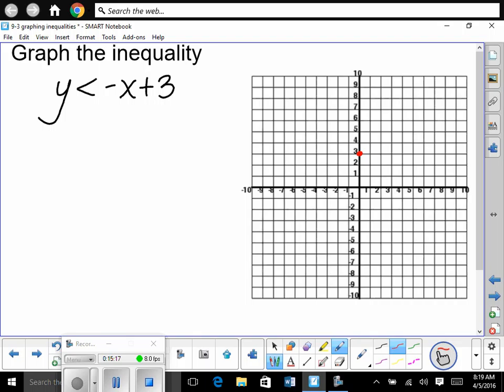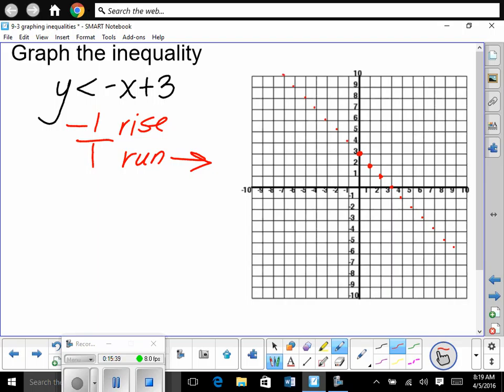Now, some people just simply are not very good at graphing lines. Isn't this negative 1 over 1? It's rise over run. The run is always to the right. So, down 1 over 1, down 1 over 1, down 1 over 1, and continuing that. Does it include the line? No, right?